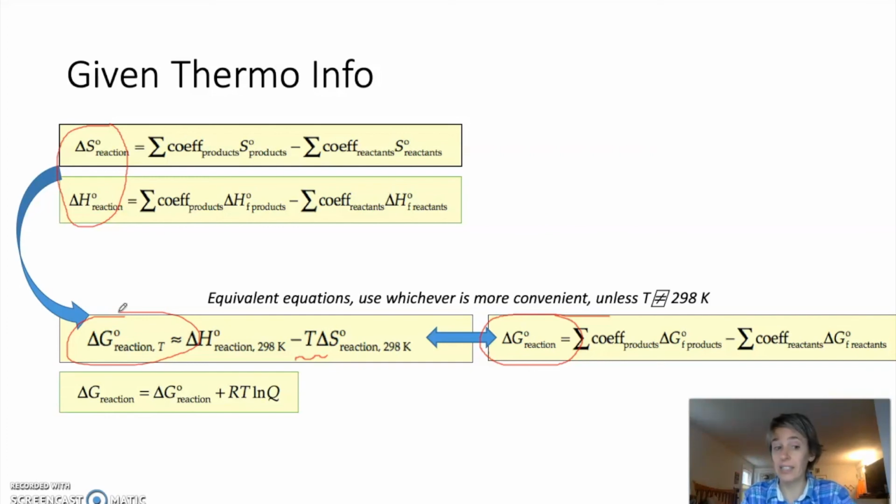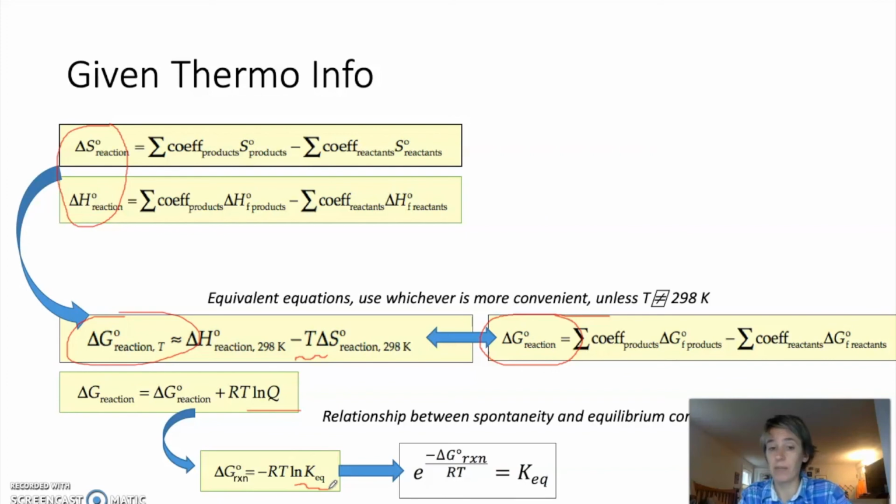Now, if we're not at standard state concentrations or pressures, here's where you need to consider non-standard state free energy, and take into consideration that Q term, which we just went over. From that equation, we derived that standard state free energy is mathematically related to the equilibrium constant, which is pretty cool.